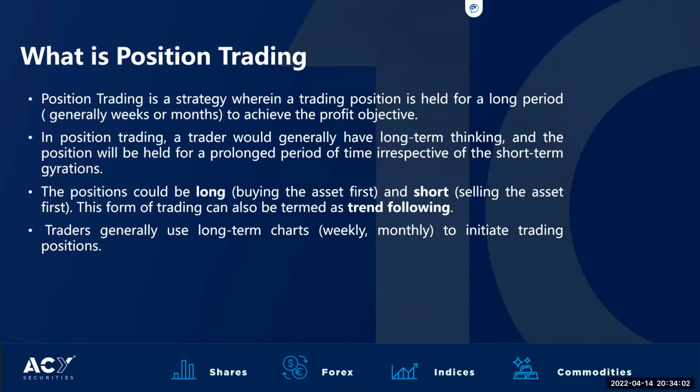In position trading, a trader would generally have long-term thinking, and the position will be held for a prolonged period of time, irrespective of what the short-term gyrations are doing. As I just mentioned, the positions could be either going long, as in buying the asset first and then selling at a profit, or short.